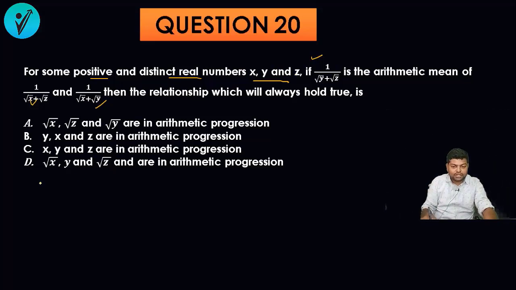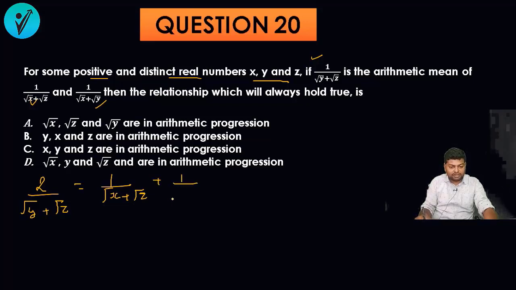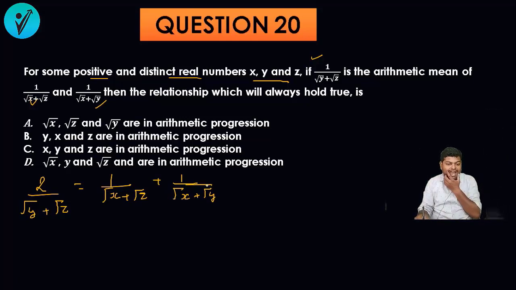So we can say that 2 upon root y plus root z is equal to 1 upon root x plus root z plus 1 upon root x plus root y.